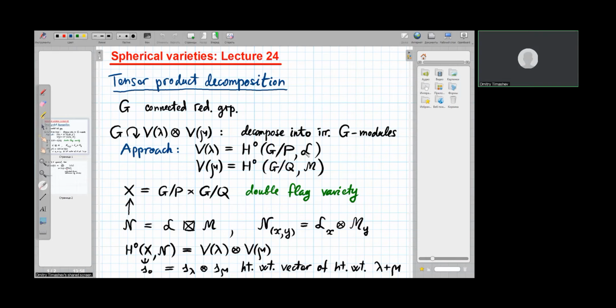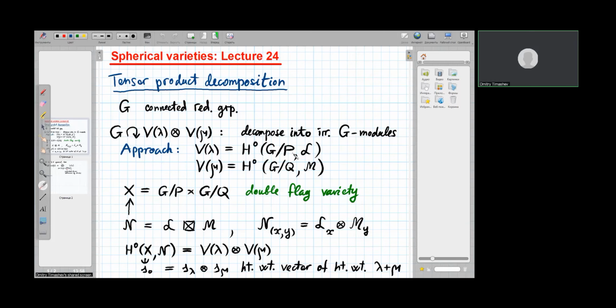It is a homogeneous line bundle in the sense that the action of G permutes the fibers of this line bundle transitively. The base points are permuted transitively by G, and therefore the fibers of L are also permuted transitively if the action lifts. So maybe this name is confusing. Let me just say that it is a G line bundle.